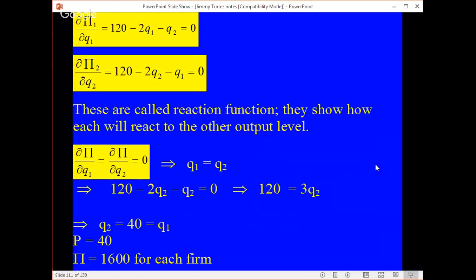For Q1, setting the derivative equal to 0, I get 2 Q1 is equal to 120 minus Q2, or Q1 is equal to (120 minus Q2) over 2, or 60 minus 1/2 Q2.